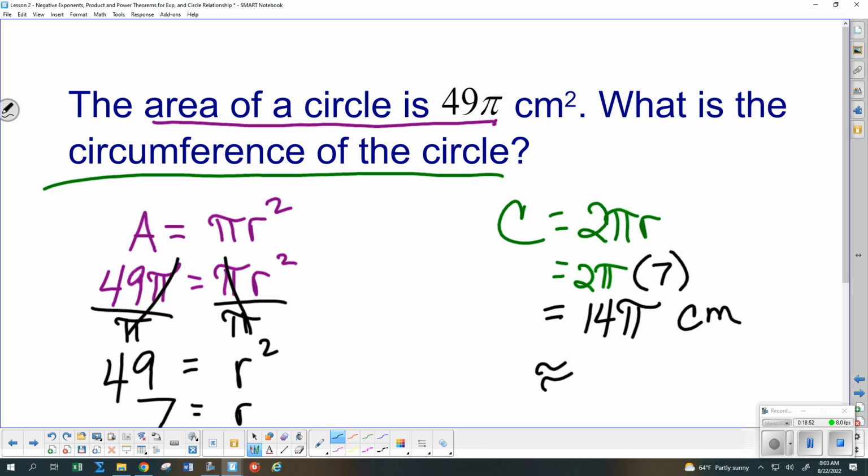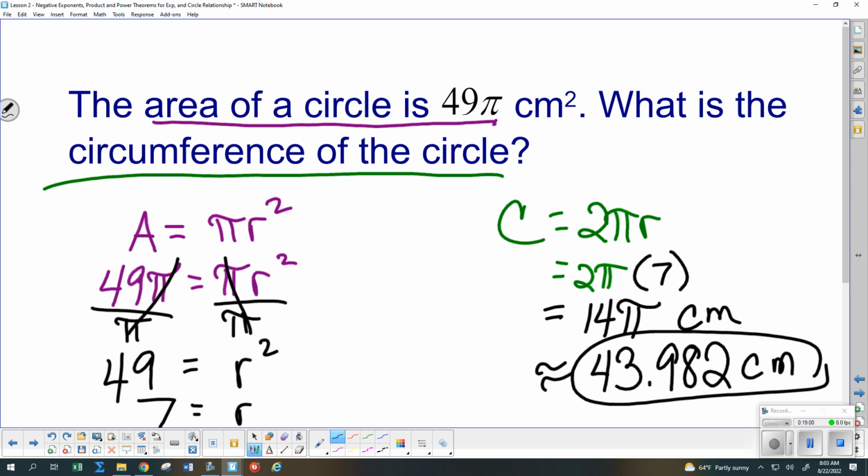And Milo, what'd you come up with? And circumference is linear units. So just centimeters. Any questions with what we've done today?